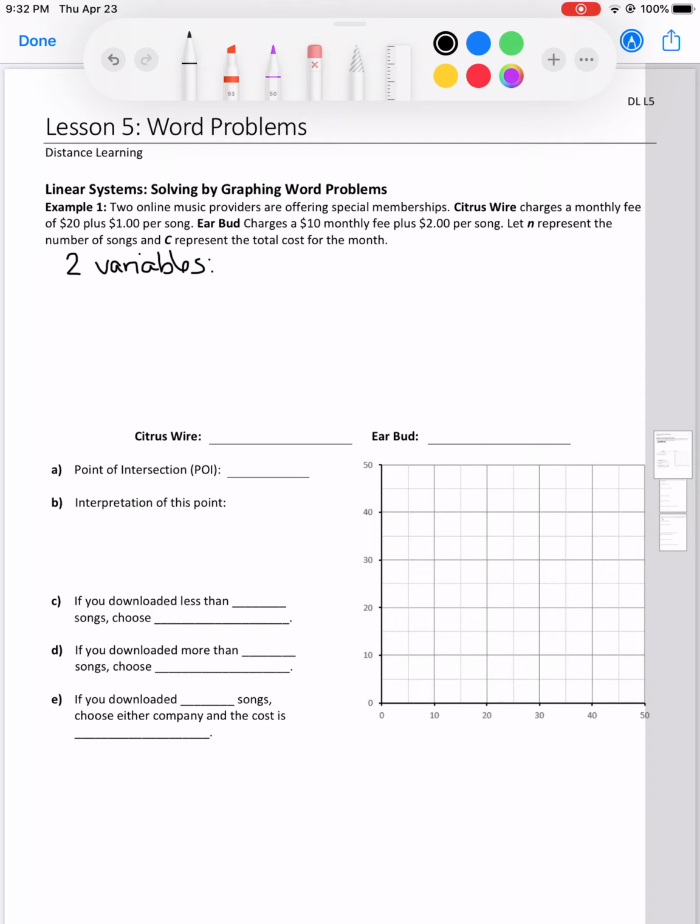Okay, I'm going to give you guys a hint. When it's telling you what the letters are going to be, those are my variables. So, let N represent the number of songs. That's one of my variables.